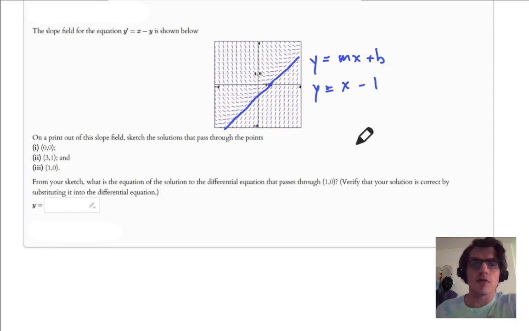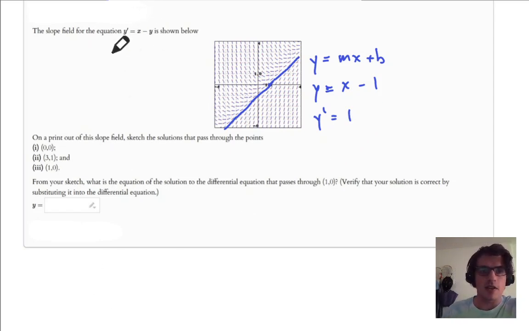And it wants us to verify our solution is correct by plugging it in. Okay, this is worthwhile. So our derivative would just be y prime equals 1. And if we plug it into this equation, y prime is 1. x is independent, we're not changing that.